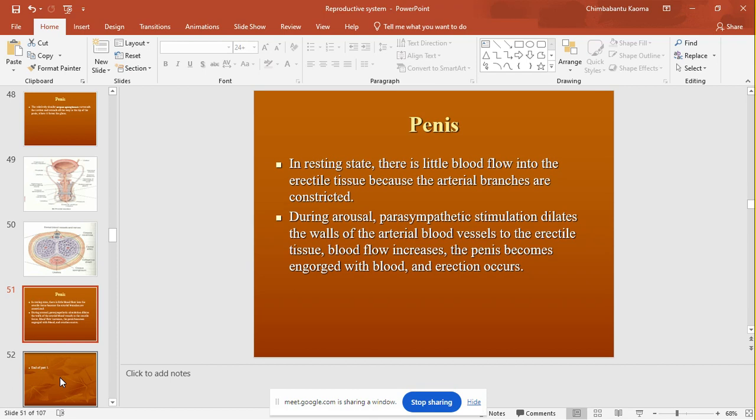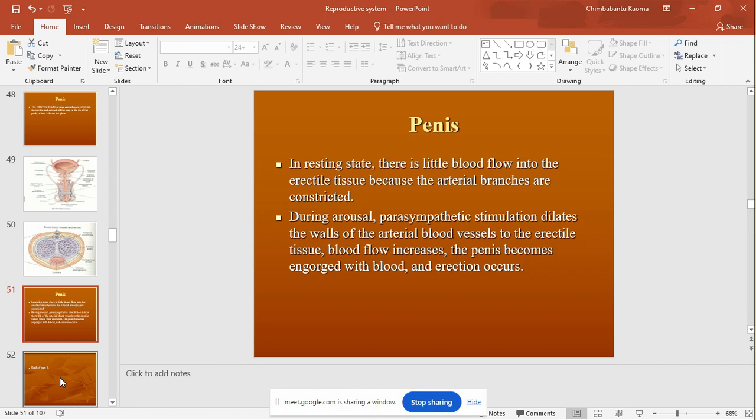In the resting state, the blood vessels that supply blood to the erectile tissue, the corpora cavernosa and the corpus spongiosum, will be restricted, or their walls will be narrowed. But during sexual arousal, you will have activation of the parasympathetics, and not the sympathetics.